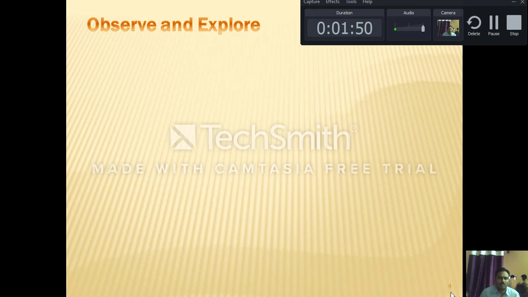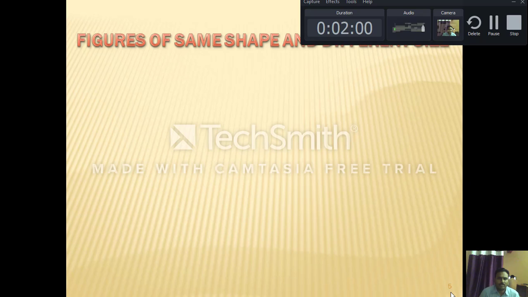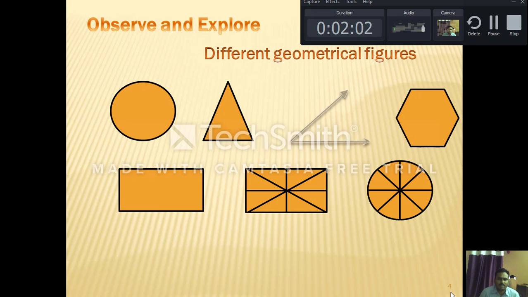First, we will see observe and explore. Now, here there are some different geometrical figures. Observe this. Here you see that there are different figures. We have to select the same figures and different figures, and such figures are included in geometry.